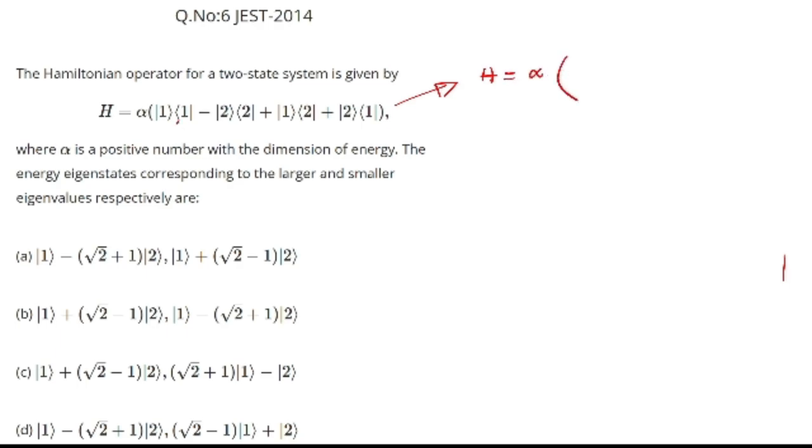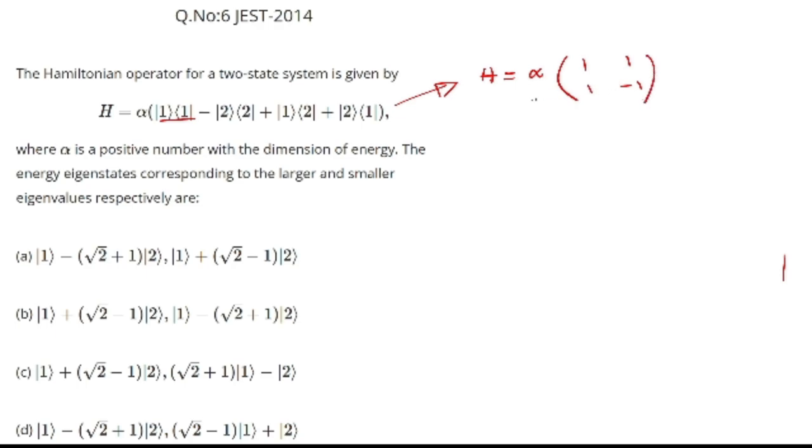Alpha for state 1, the coefficient is 1 for this state, minus 1 for this state, and 1, 1 for the off-diagonal terms. So this is the matrix form.